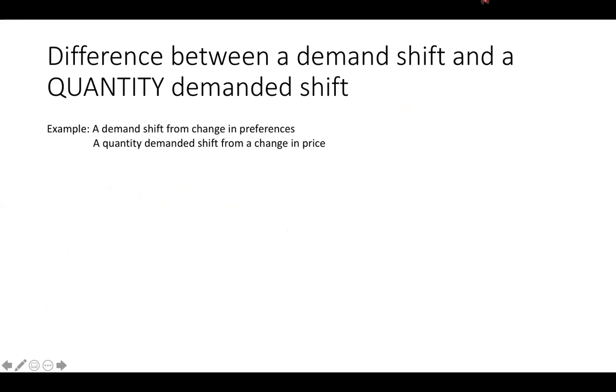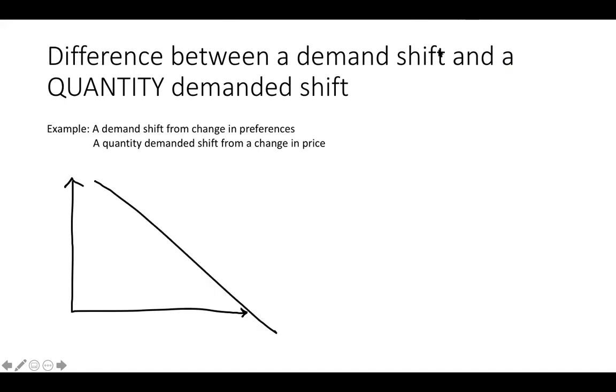All right, so talking about the difference between a demand shift and a quantity demanded shift. Let's draw 2 graphs. As we just talked about before, we saw demand shifts that went to the left and down, to the right and up.